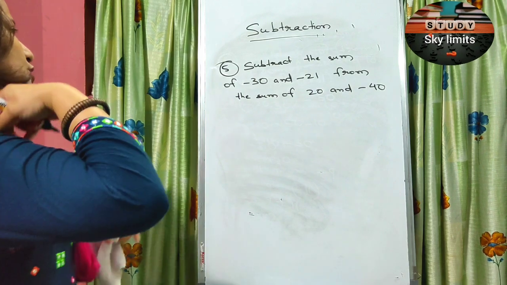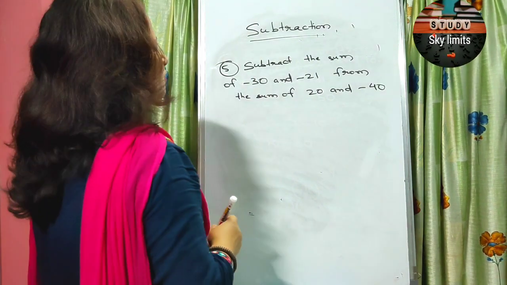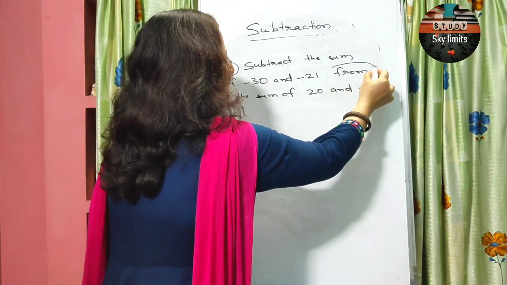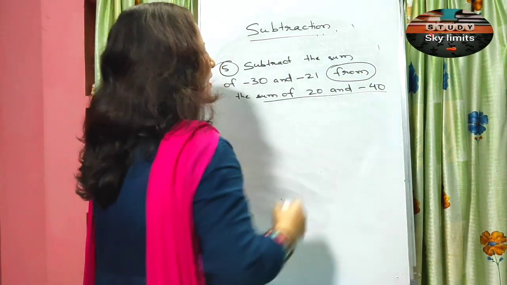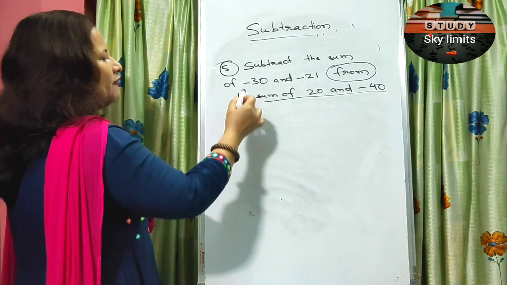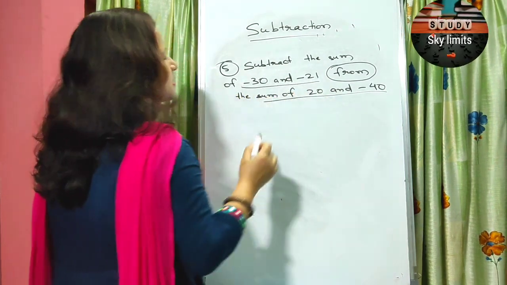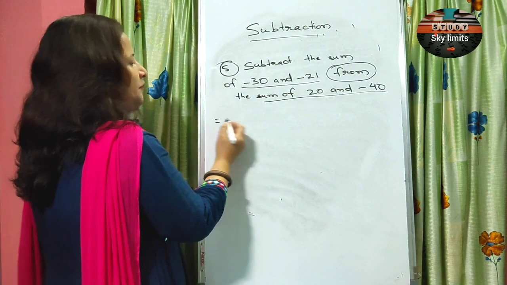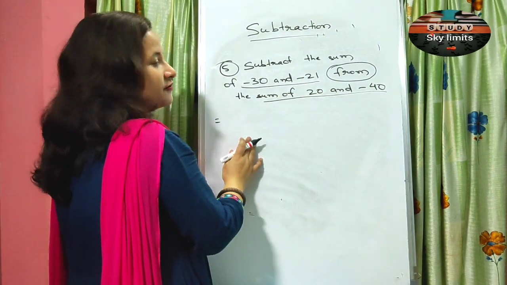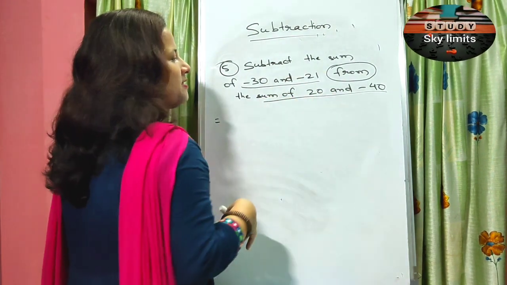So just concentrate on the word from again. After from, you have the sum of 20 and minus 40. Before from, you have the sum of minus 30 and minus 21. So in this case, what are you going to do? As I told you, what is the minuend? It should be written first. Minuend is the sum of 20 and minus 40.